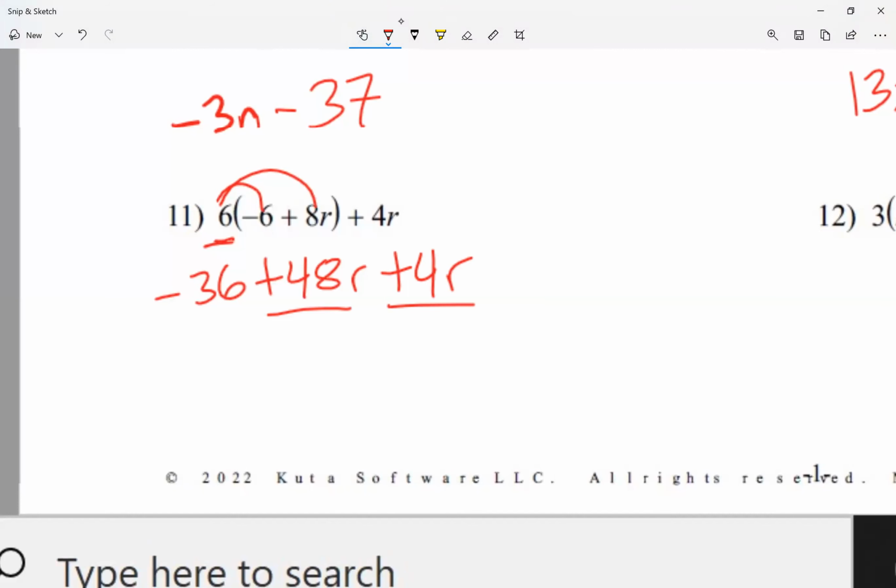I know 48 plus 4 is 52. So I'm going to call this 52r. Notice I'm not changing my variable. It's just an r. Now, with terms that don't have a letter, the only one that I see is a negative 36. So let me just write this as minus 36.